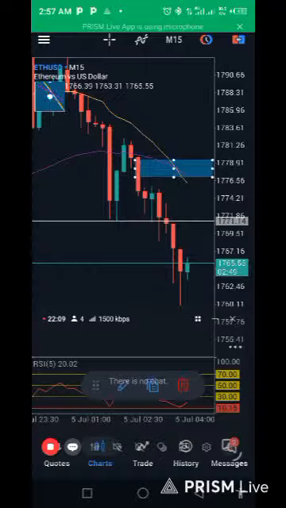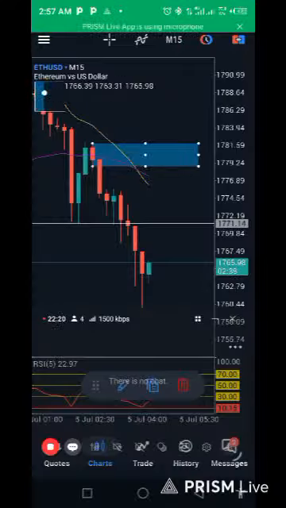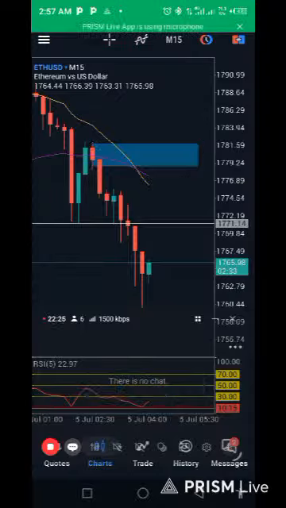An order block is a place of supply where there is much money. The sellers are here right now. That's where the order block is.